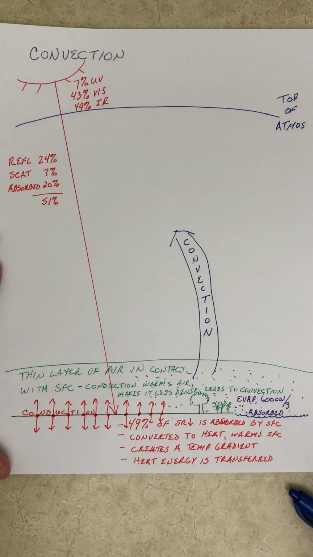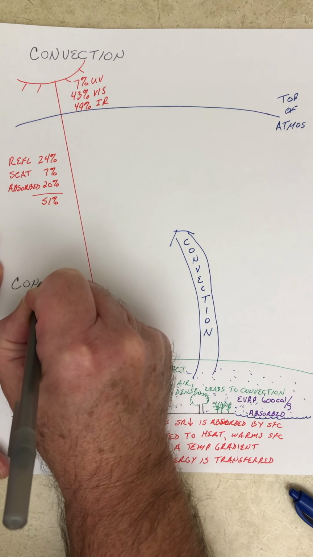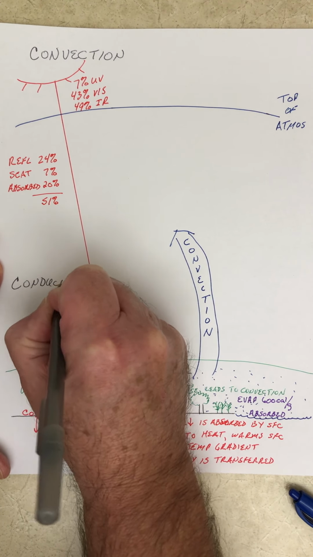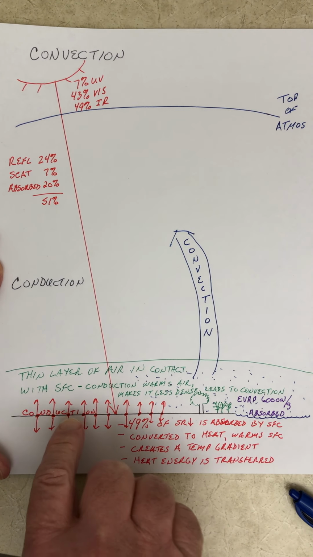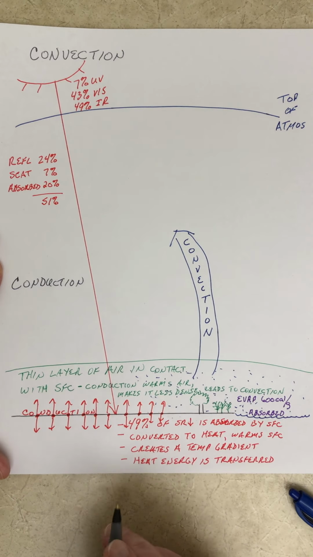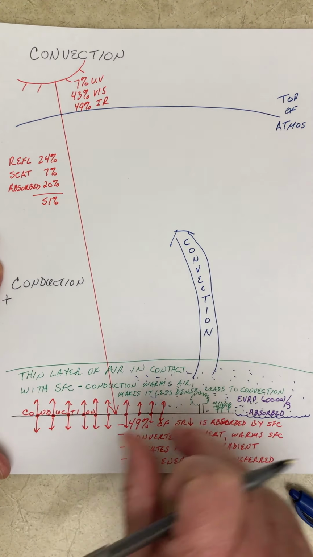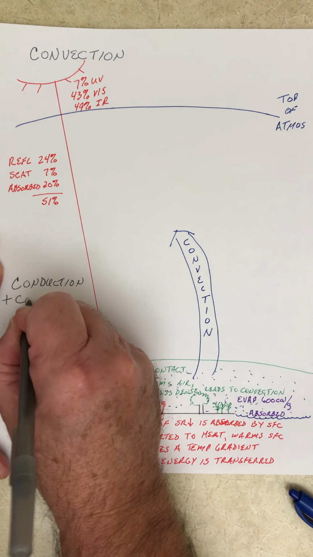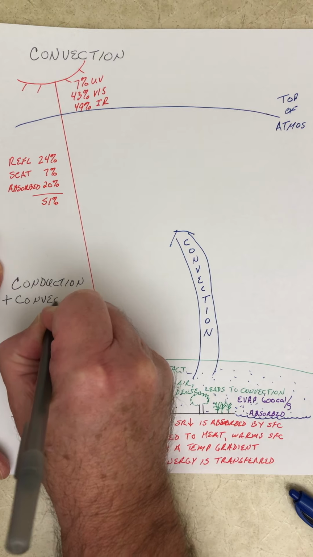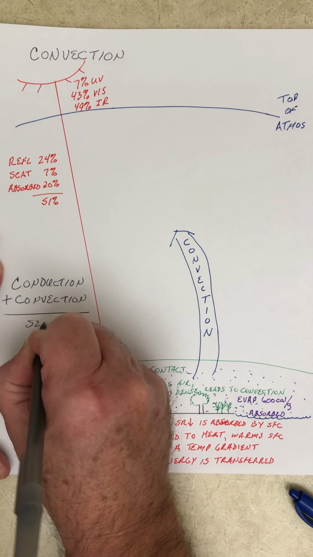Okay, and so off to the side here, we'll just remind ourselves that this is conduction of heat energy from the Earth's surface into a thin layer of air that's in contact with the ground, which warms up that air, makes it less dense, leading the air to rise through convection. Conduction plus convection equals sensible heat.